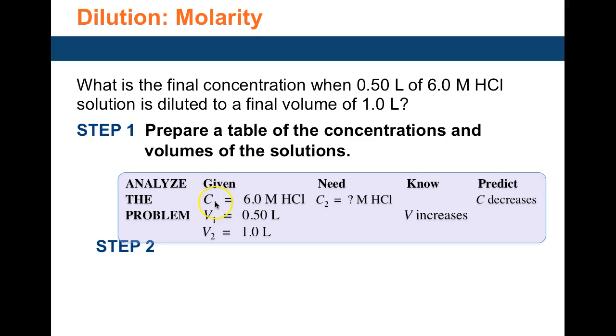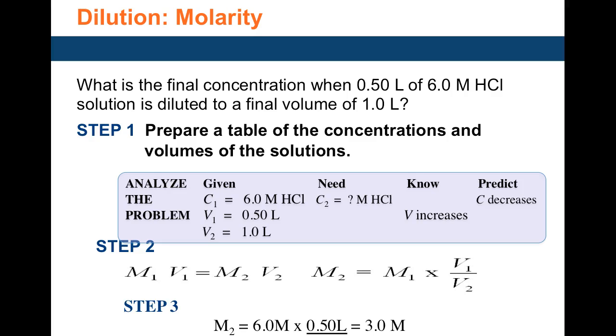So C1V1, that's 6 times the 0.5. You don't know what C2 is. You divide both sides by V2. That's 1. So basically it's 6 times 0.5, and that's your answer. Okay. So 3 molar. Now you can change this because the concentration is in terms of molarity. Instead of C1, you can make it M1, and instead of C2, you can make it M2.